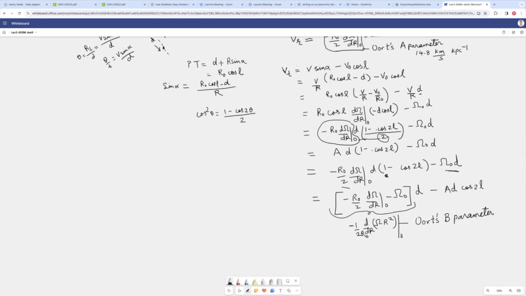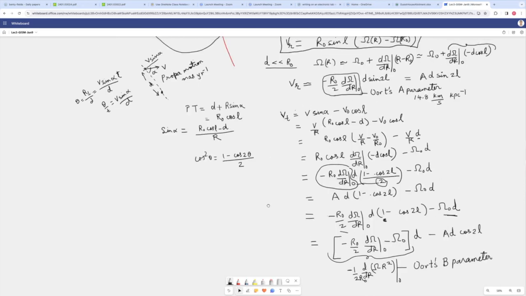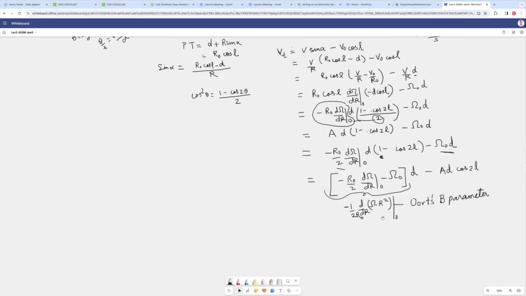So Oort's A parameter was characterizing the differential rotation around the sun. Oort's B parameter is actually characterizing the vorticity around the sun.